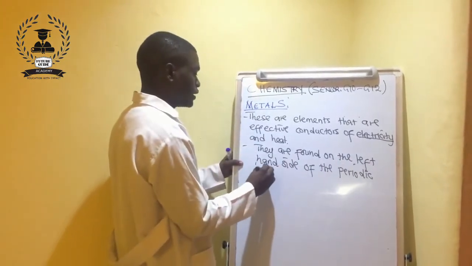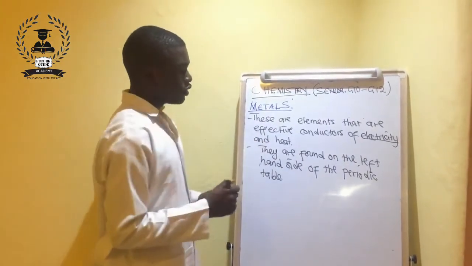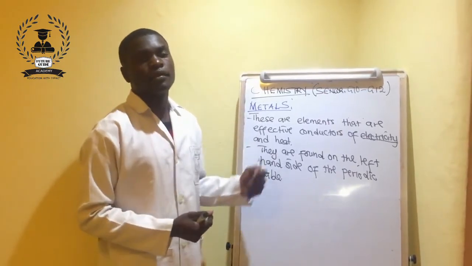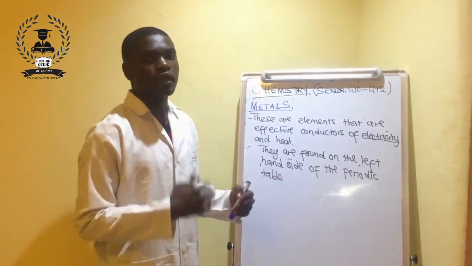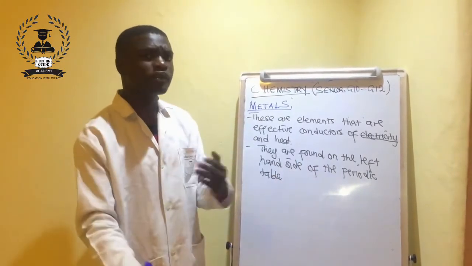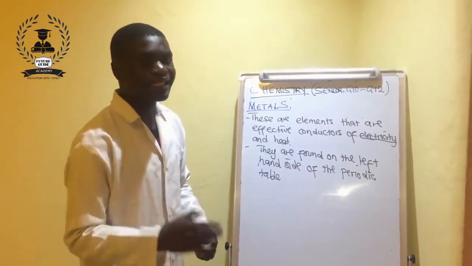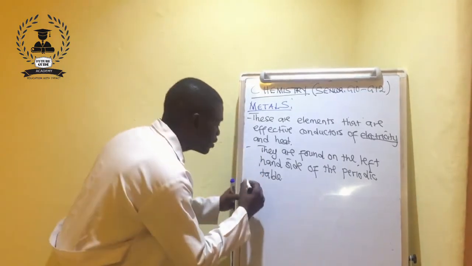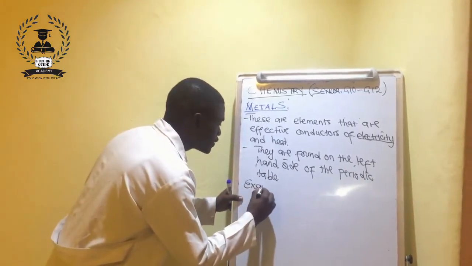So on the left hand side, that's where you're going to find different metals with different properties. Now, let's have some examples of metals before we look at their properties.